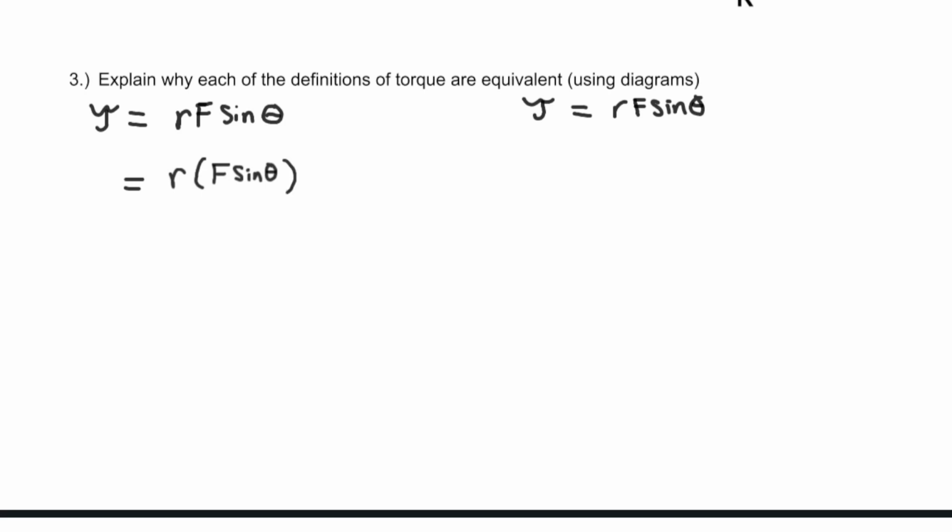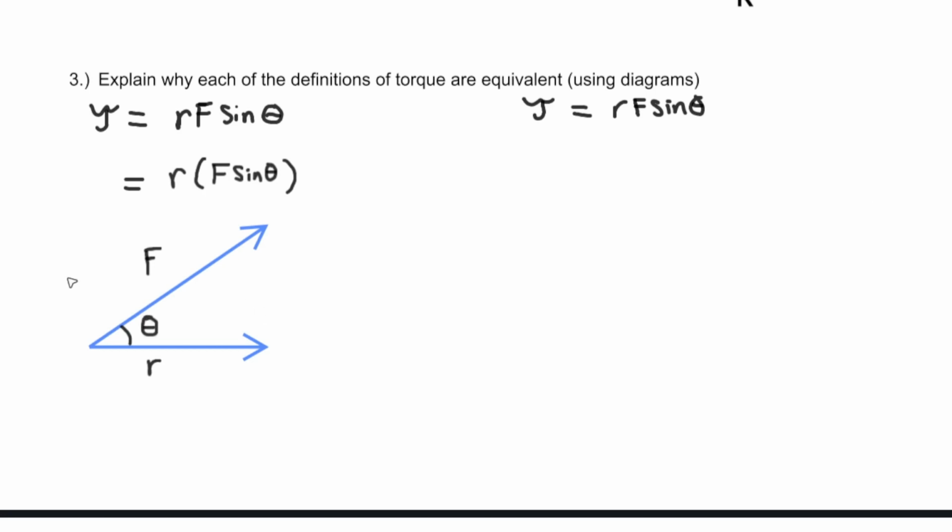And what is that? Well, we can draw ourselves a diagram. So we can give ourselves a force, and we can give ourselves a distance vector. So we're going to say that this is F, and this is R, and this is theta.